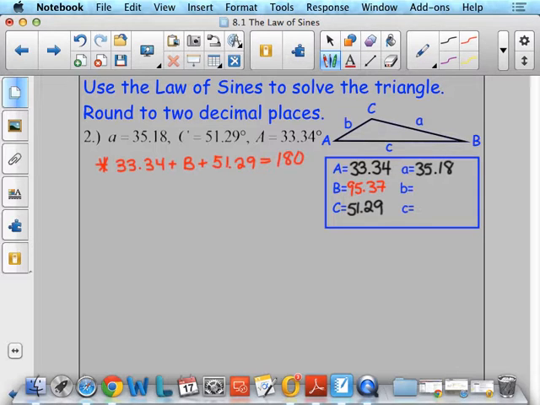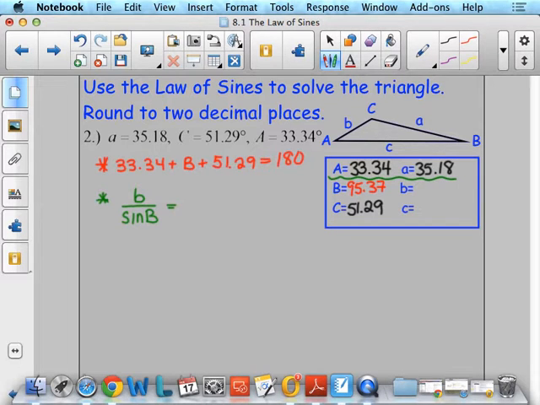Okay, so you can solve for side b or side c first. It does not matter. I'm going to do side b. So I have b over sine of B. The only other one that I know both the angle and the side is a.